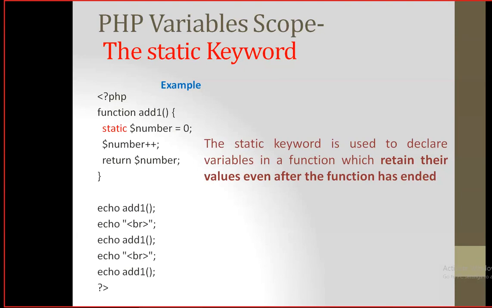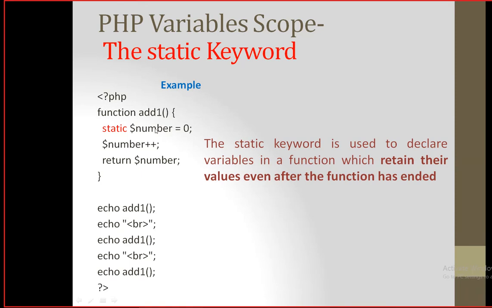Static. So as the name suggests, any variable which is declared as static, its value will be retained. Its value will be preserved even after the scope is over. So if we see here, the variable number is declared inside the function add1, right?